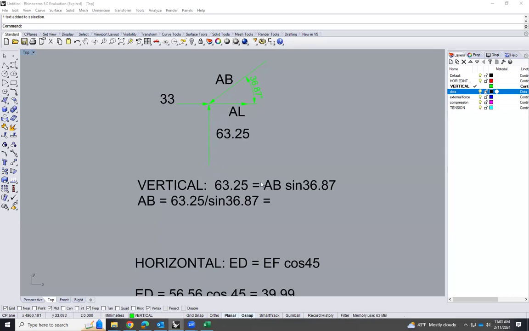That equals AB sine 36.87, which goes down. Then AB equals 63.25 divided by sine of this angle. And how much is that?